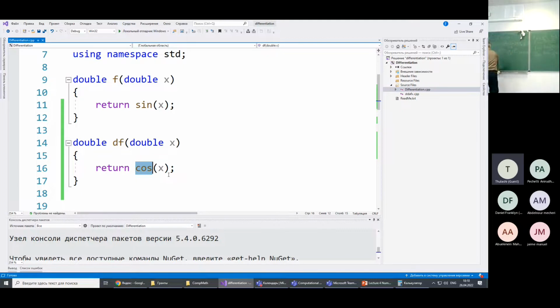Again, let me explain here on the board. The goal of this simple program is to take some interval from two given values, a and b, and here we consider a lot of points with a step h between them.